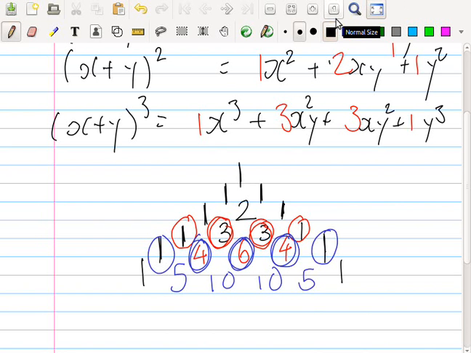So write down this triangle so far, please. And what I'd like everybody to do is to write down the next row. So when you write down this triangle, try to figure out the next row.